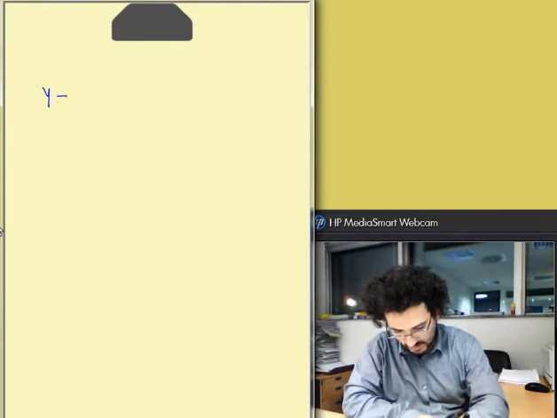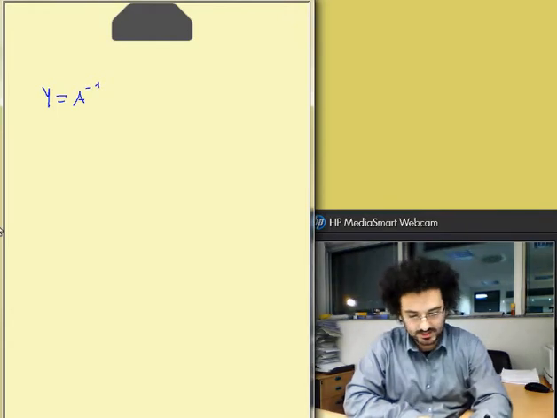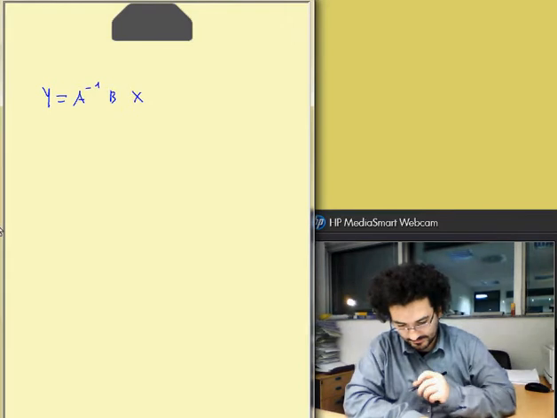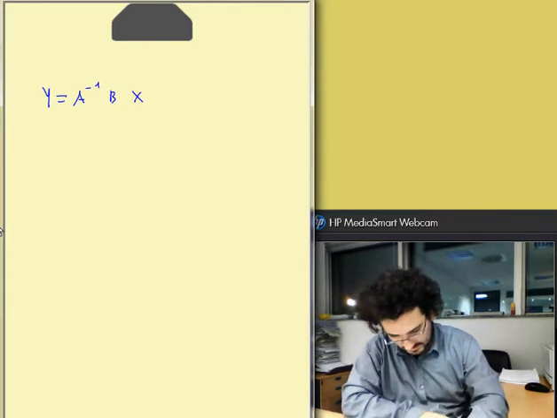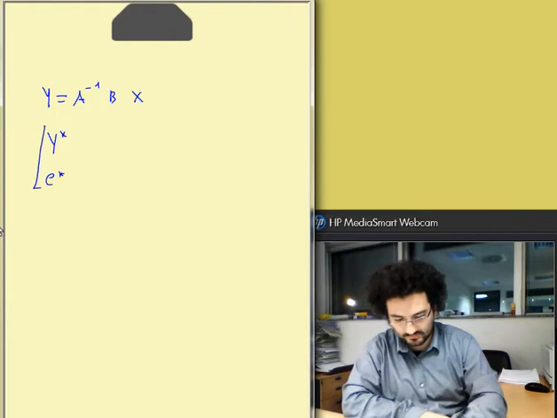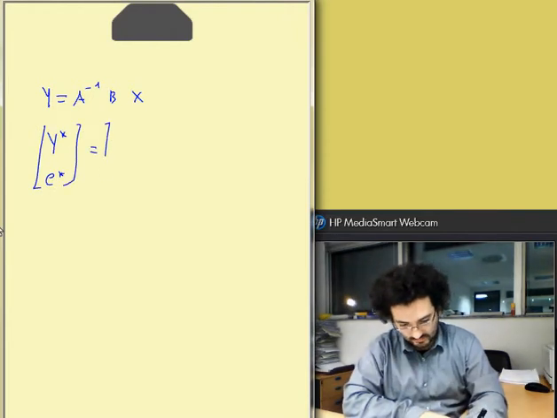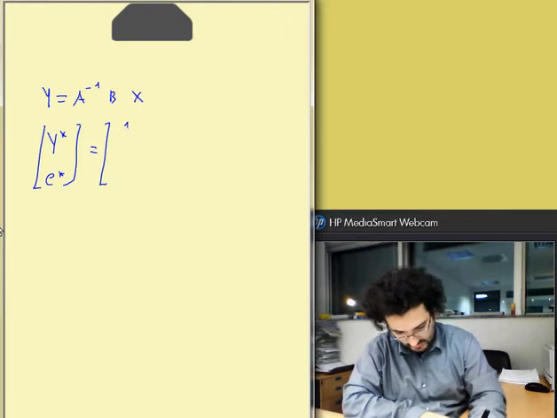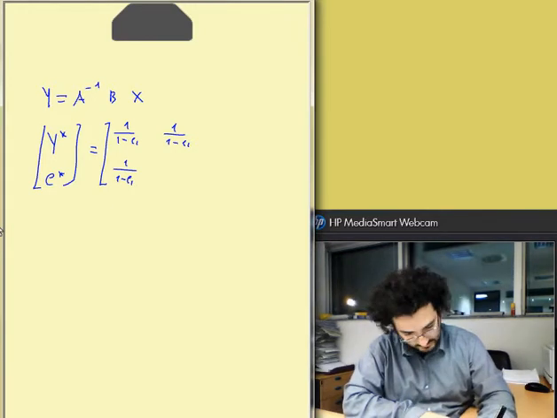You know that y is equal to, in matrix form, A minus 1, the inverse of matrix A, times B times X. So we can write in matrix form in the following way: the vector y star, c star, the equilibrium values for income and consumption, must be equal to the inverse of matrix A, which is 1 over 1 minus C1, again 1 minus C1, 1 minus C1, C1 over 1 minus C1.